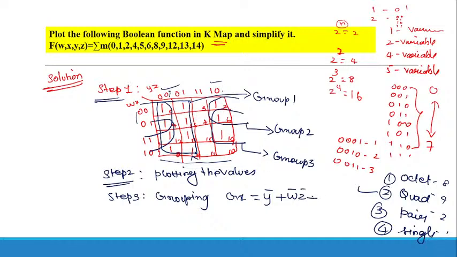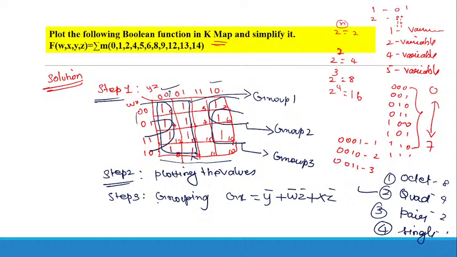So put it as Z bar. Next, what is the next group? The third group is again a quad. Who is contributing now? X. Next column, look at the columns, Z bar. Okay, so this is the name of groups 1, 2 and 3.